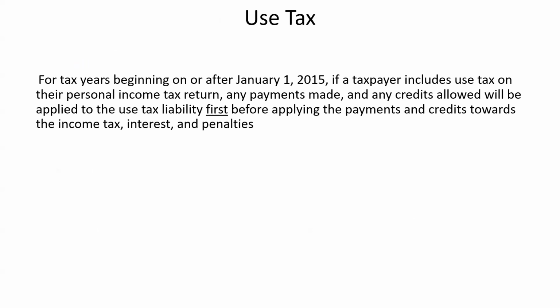Use tax, this is something you're going to ask, and you've asked before if you're a returning volunteer, but if you're new, this means this is something you're going to ask about in the software. If someone's buying a big ticket item, so for example, let's say you buy a recreational vehicle in the state of New Mexico. And let's say sales tax in the jurisdiction in New Mexico is 6%.